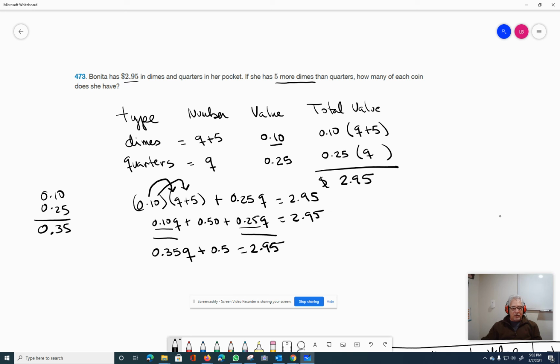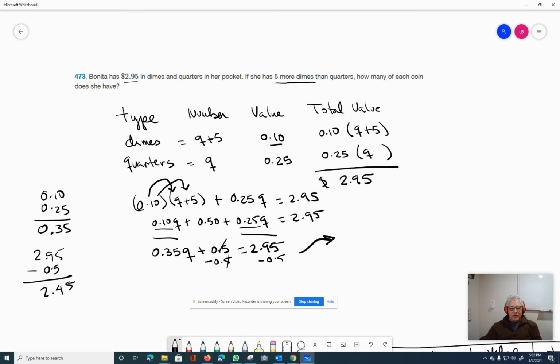Next thing, I want to find the value of Q, so I have to leave Q alone on one side. So I subtract 0.5 here and subtract 0.5 here. This cancels out. If I subtract 2.95 minus 0.5, my answer will be 2.45.